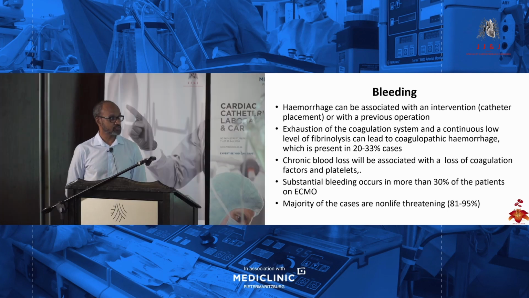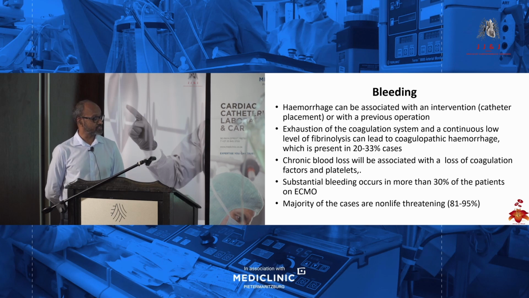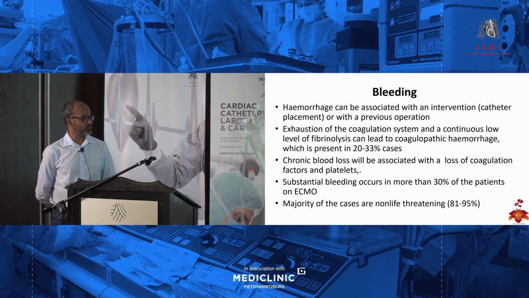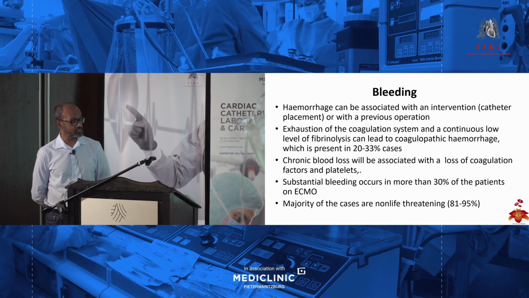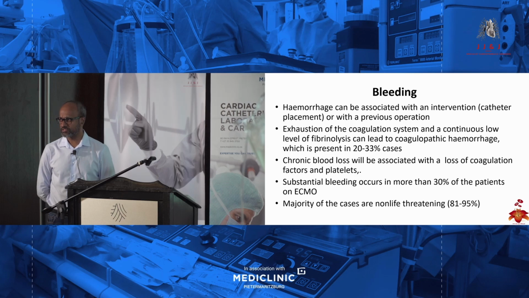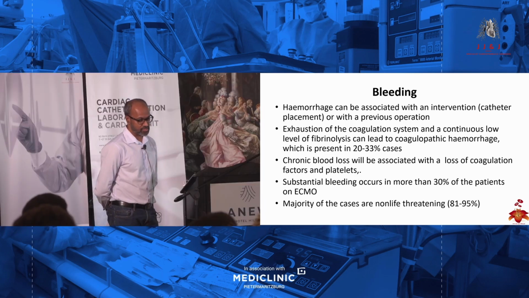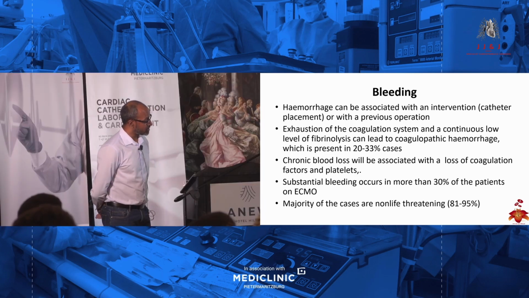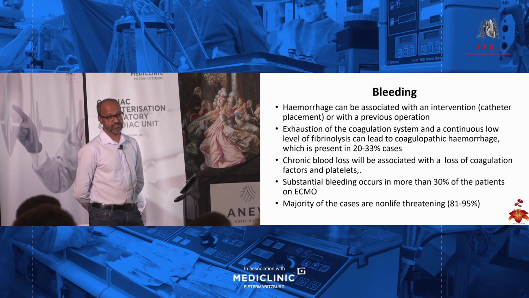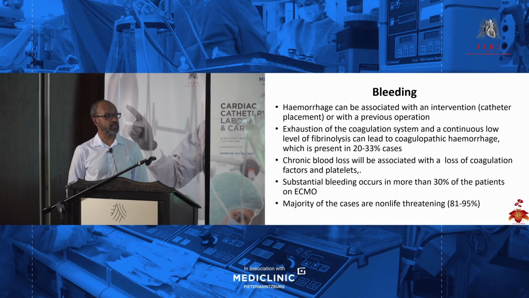Chronic blood loss will be associated with loss of coagulation factors and platelets, and substantial bleeding occurs in more than 30% of patients. The majority of cases are non-life-threatening bleeds: epistaxis, gum bleeds, some GI bleeds, maybe pulmonary hemorrhage. But we still have 5 to 19% with major bleeds, such as intracranial bleeds, which can be a problem to manage.